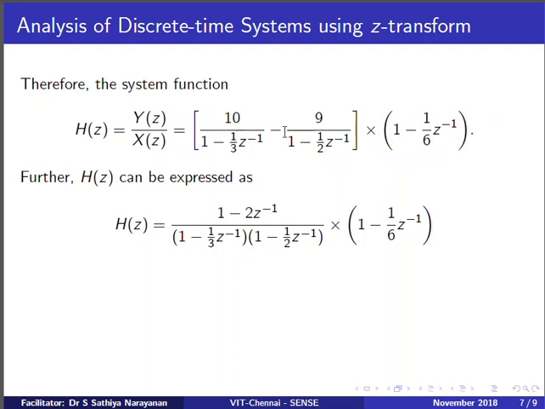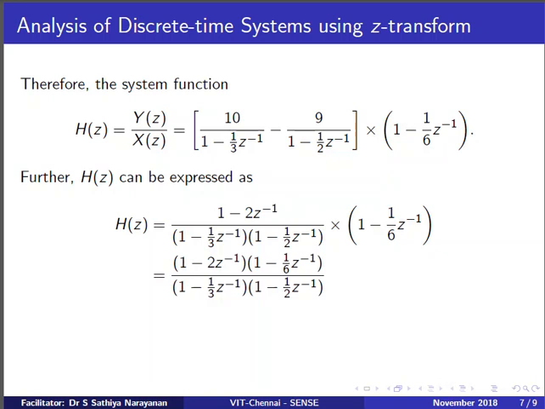Here the two terms are merged; in fact, the second term is subtracted from the first term. So we have a term in which the numerator is 1 minus 2 z inverse, divided by 1 minus 1 by 3 z inverse times 1 minus 1 by 2 z inverse, and the second term remains the same.